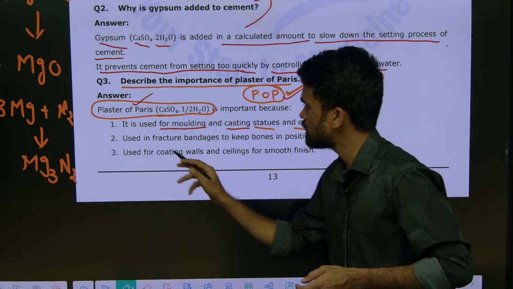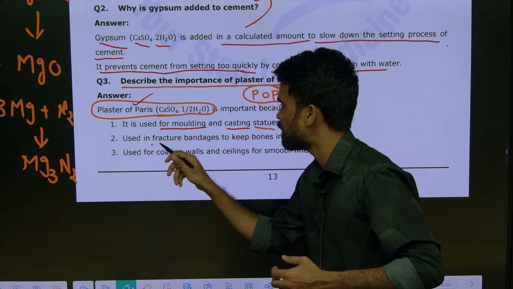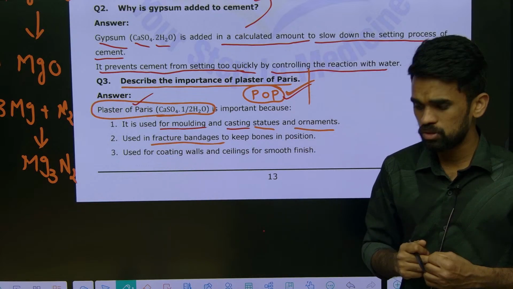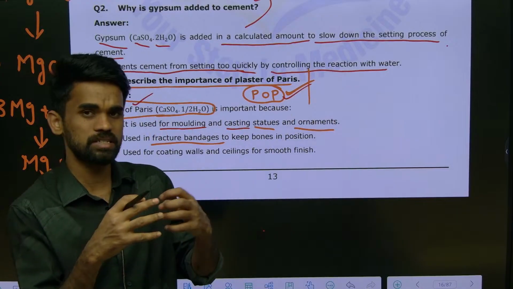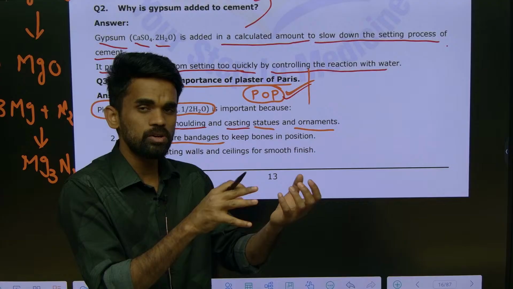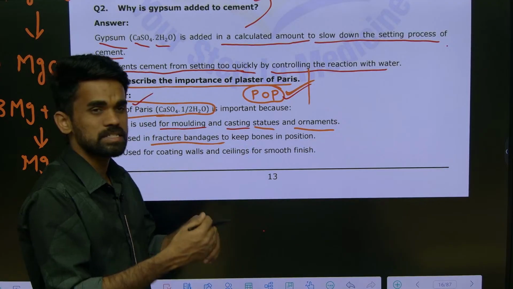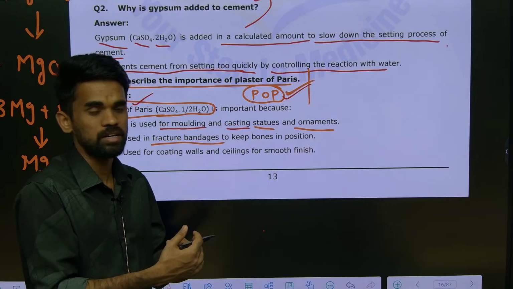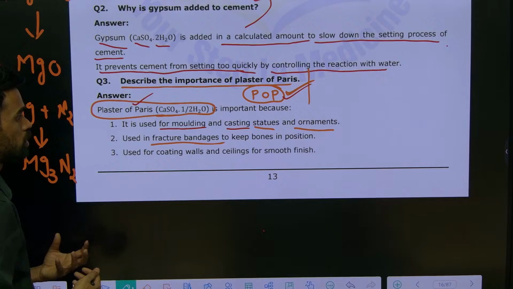Next, it is used in fracture bandages. If there are bone fractures, doctors use plaster of Paris as a bandage to keep bones in position. You might see this application in your daily life also.